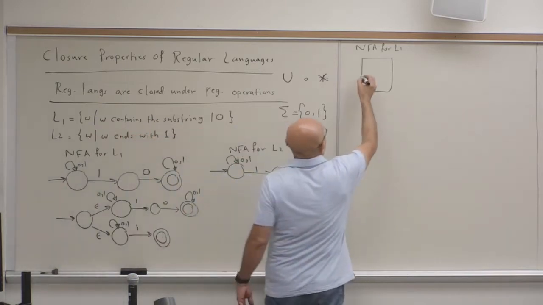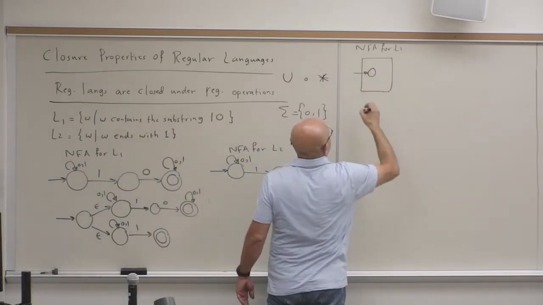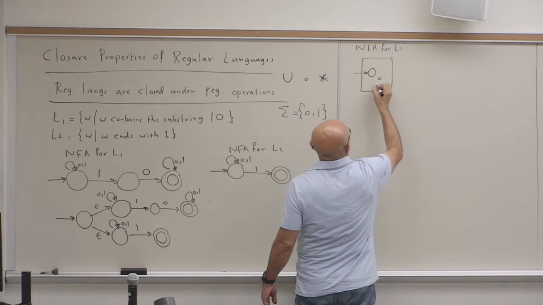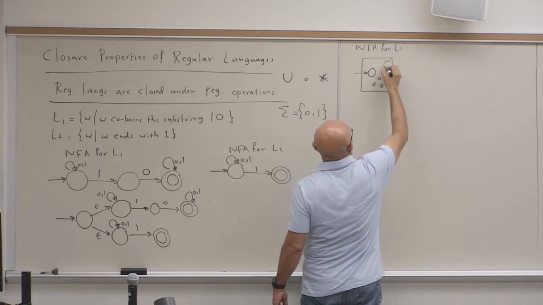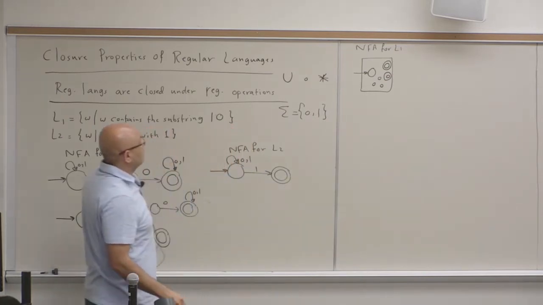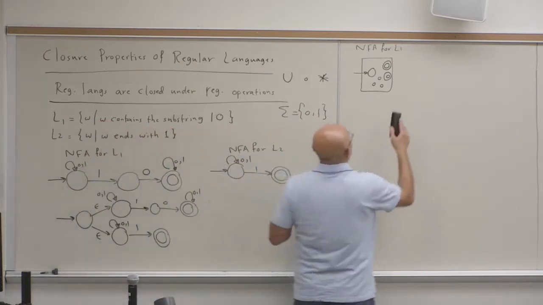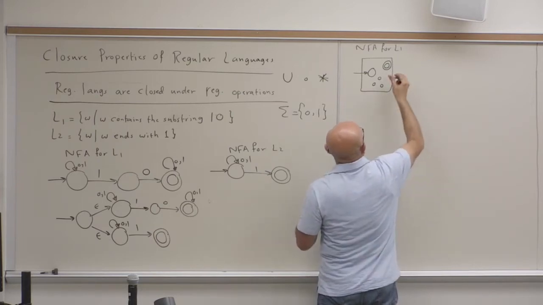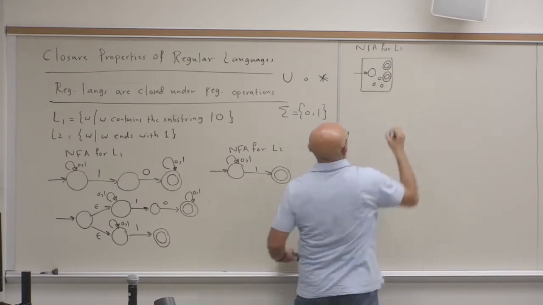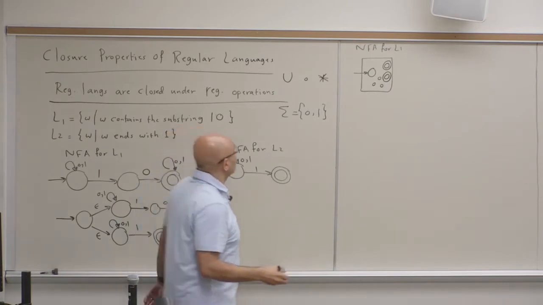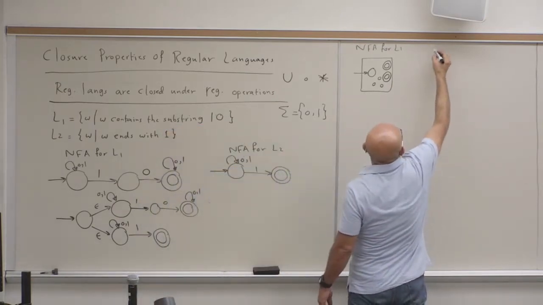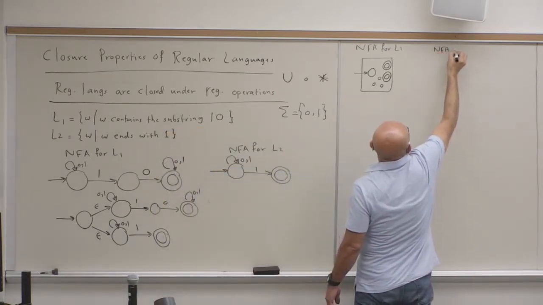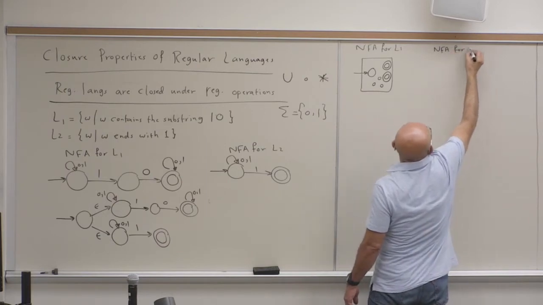It will have a start state, and it will have a bunch of internal states, and it will have some accept states. So this is an NFA for L1, and this is an NFA for L2.